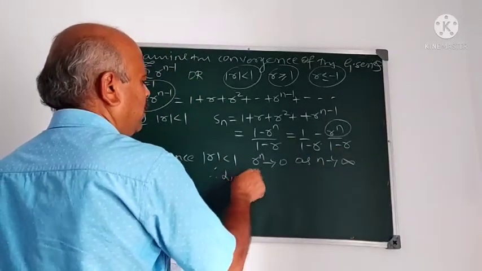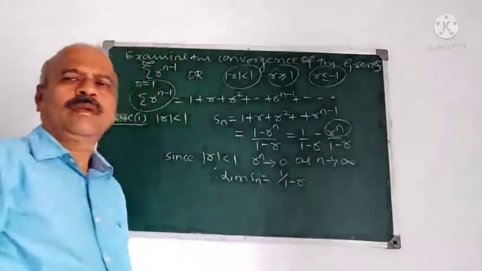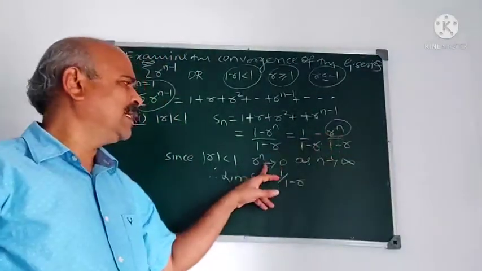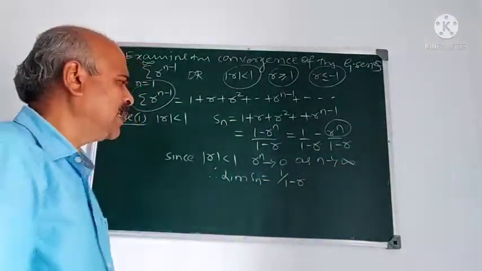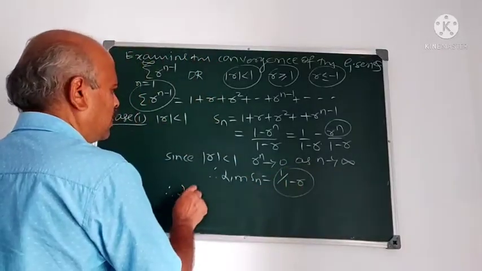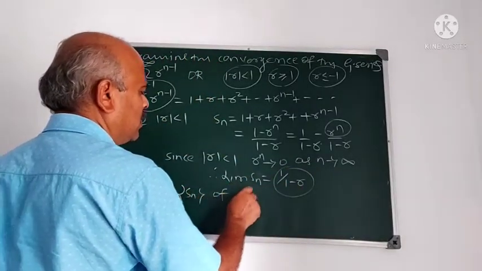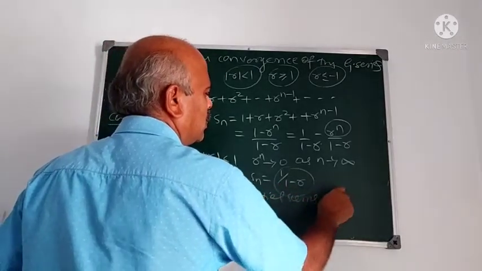Therefore, limit Sn becomes 1 upon 1 minus r, because r raised to n becomes 0 as n tends to infinity. Therefore, it is finite. Therefore, the sequence Sn of partial sums converges.